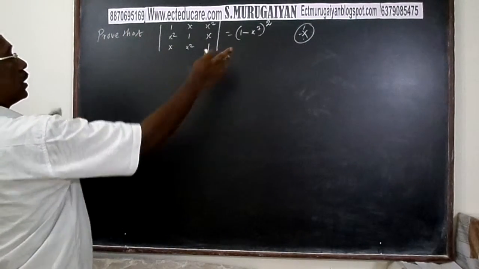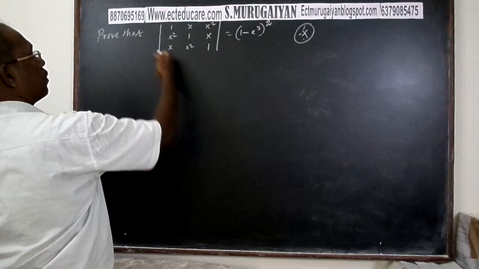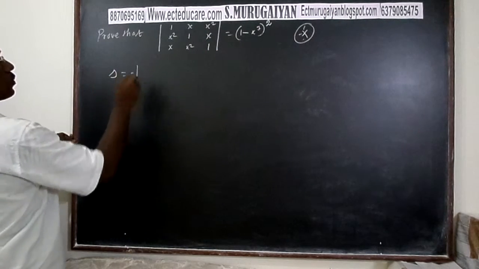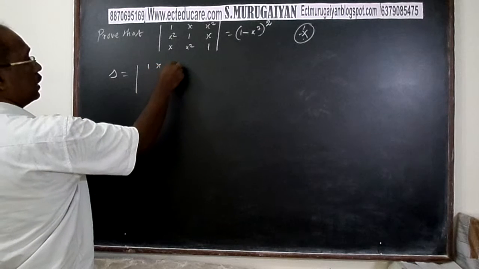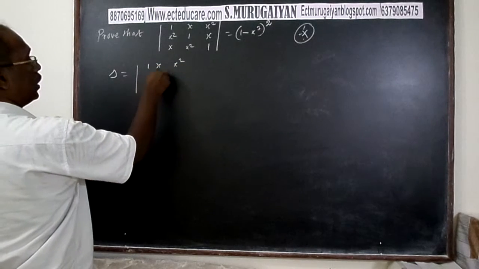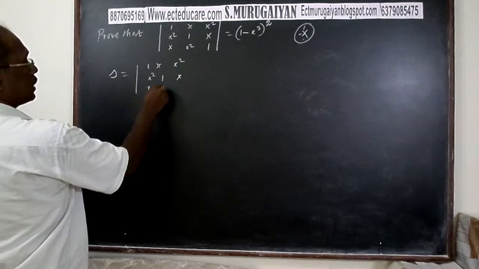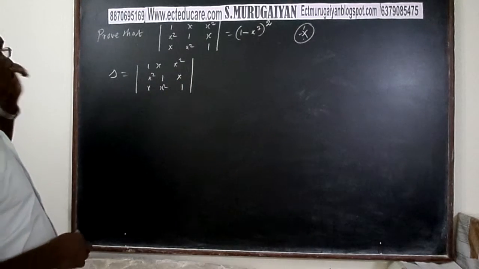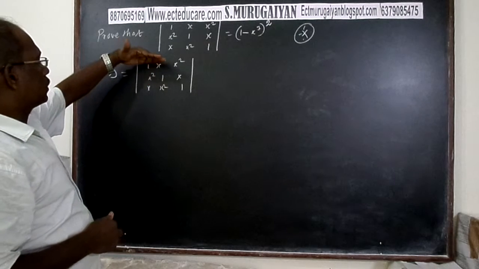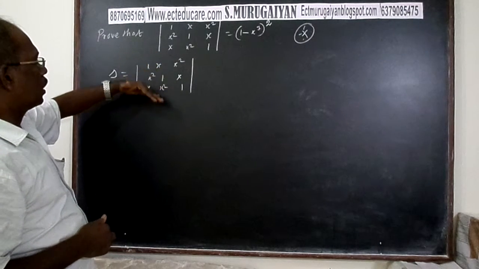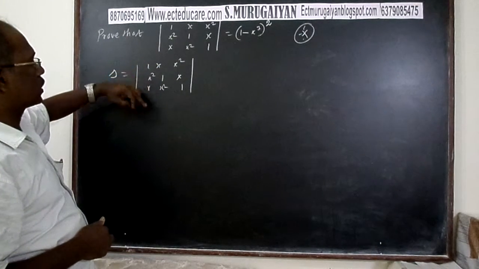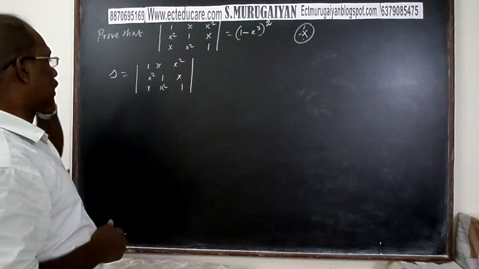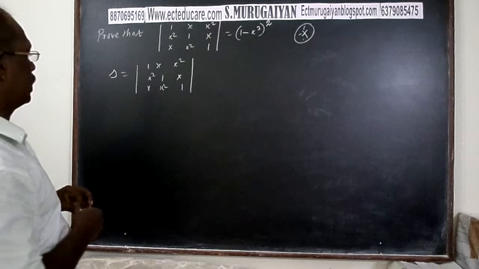So let us start with the assumption. The given determinant is taken as delta. Adding R1, R2 and R3 we can get 1 plus x plus x square, or adding C1, C2, C3 also we can get a similar term, 1 plus x plus x square.